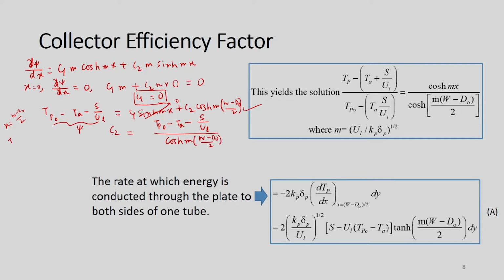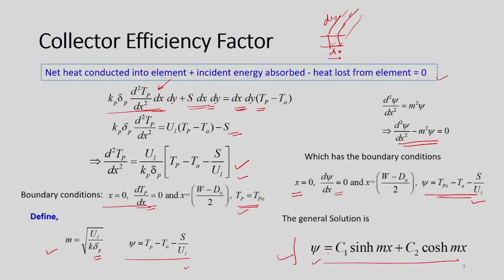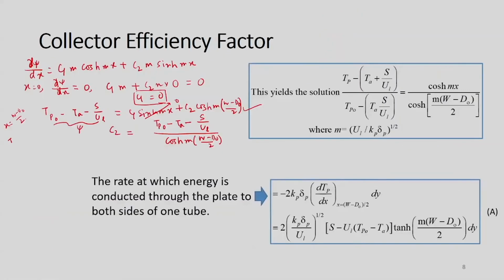Okay. So, if we substitute this value in that expression for xi, what we will get is the general solution. Okay. So, just one step I will do here. So, this will be xi is equal to Tp minus Ta minus S by UL is equal to, so C2 is something like this, Tpo minus Ta minus S by UL, okay, divided by cosh of m(W minus D naught by 2), right.